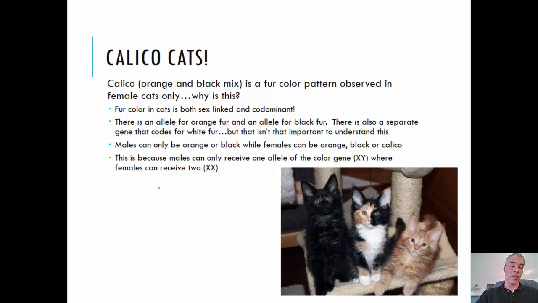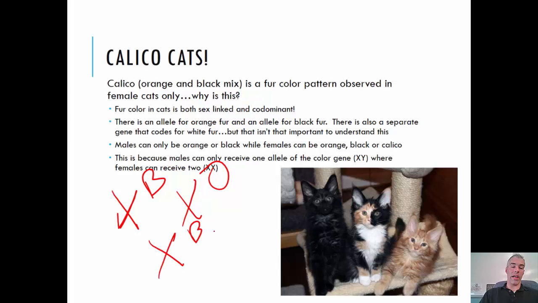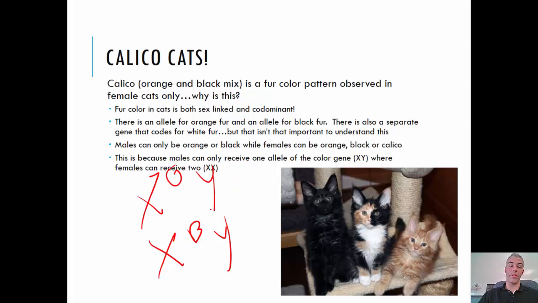So if you're X big A and X little a, in this case, we usually wouldn't designate them as being big A, little a, because it's a codominant situation. So let's do it like this, black and orange. So you would have a mixed black and orange cat if you're a female, but a male can only be either black or a male can be orange. They cannot be both.